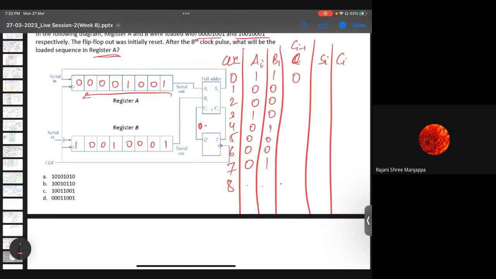Is that fine with everyone? Any doubts in this? Please respond if you have any doubts.